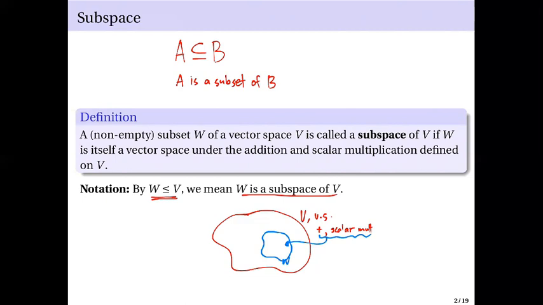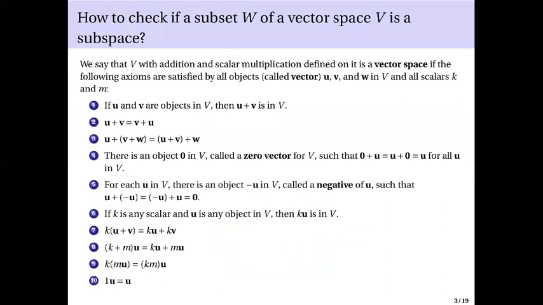Now, we want to show that W is also a vector space under the same addition and scalar multiplication defined on V. Naturally, by definition, we have to check all 10 conditions for W. But the question is, is it necessary to check all of these?